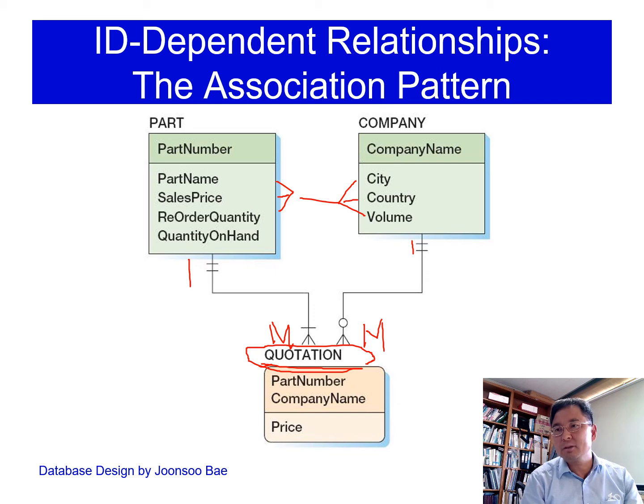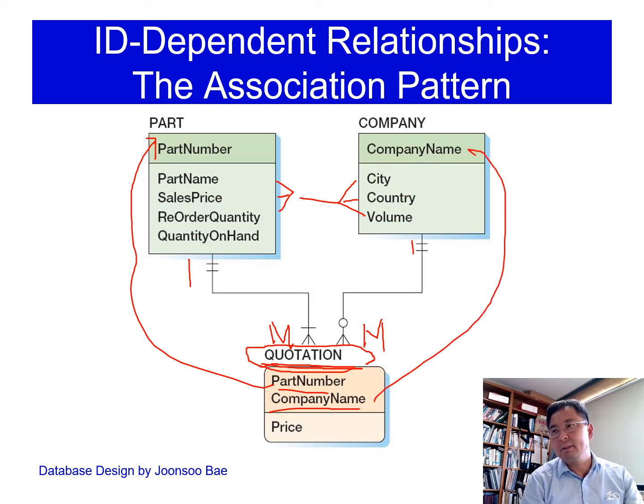This entity is the quotation entity, and this quotation entity has two identifiers: part number and company name. This part number is the identifier of the other entity, and company name is the identifier of the other entity. So that means this quotation is an ID dependent entity.